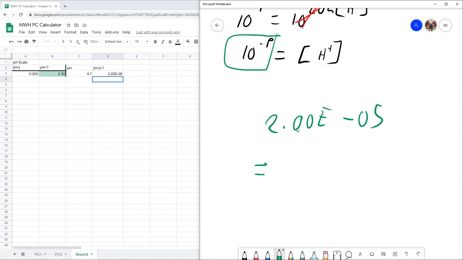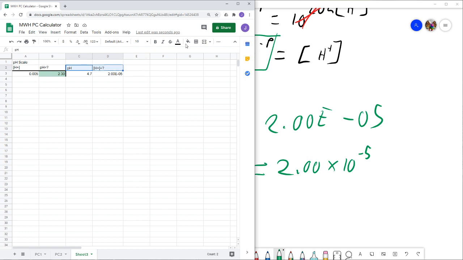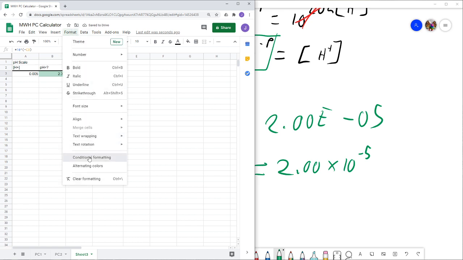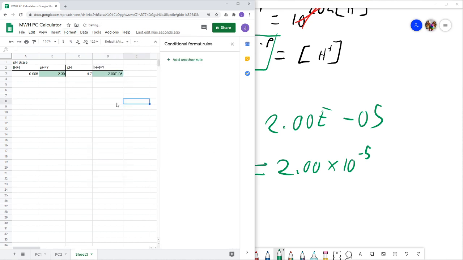This is the same thing as 2.00 times 10 to the negative 5. It's just kind of a funky format that computers, calculators, some programs use. So just bear that in mind. And now let's get our formatting here, and let's go ahead and do our conditional formatting. And there we go.